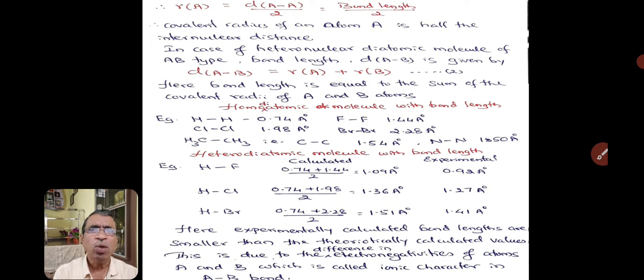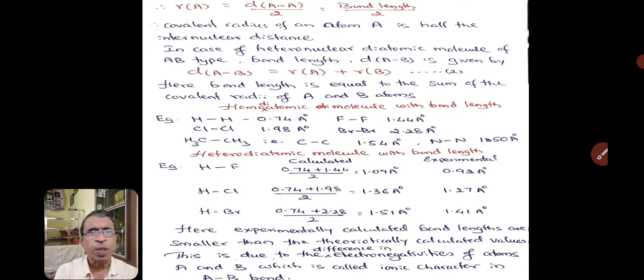In heterodiatomic molecules, in the case of HF, the calculated value is 1.09 angstrom. Experimental value is 0.92 angstrom. In the case of HCl, the calculated value is 1.36 angstrom and the experimental value is 1.27 angstrom.